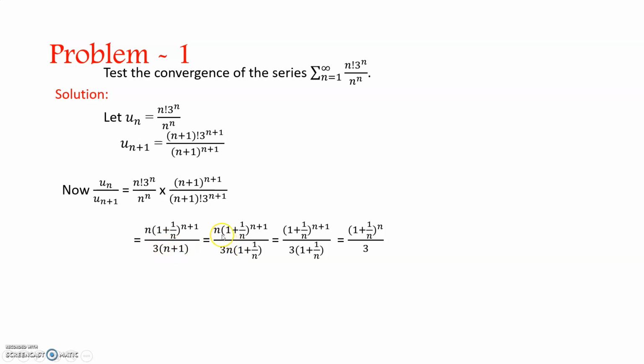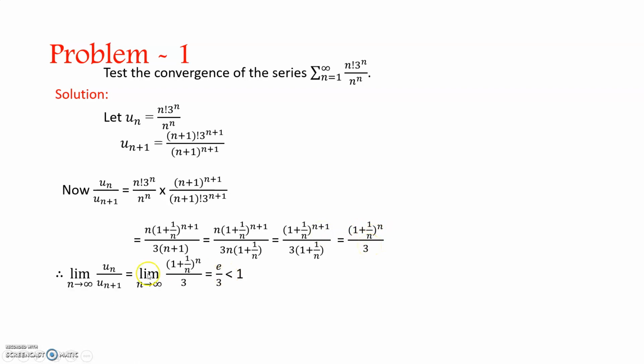So this n power n can be cancelled. Remaining we get 1 plus 1 by n whole power n plus 1 divided by 3 into 1 plus 1 by n. So here we can cancel, remaining we get 1 plus 1 by n the whole power n by 3.